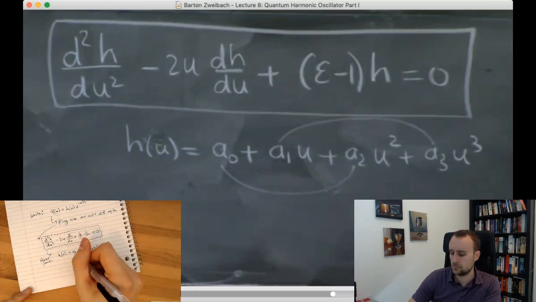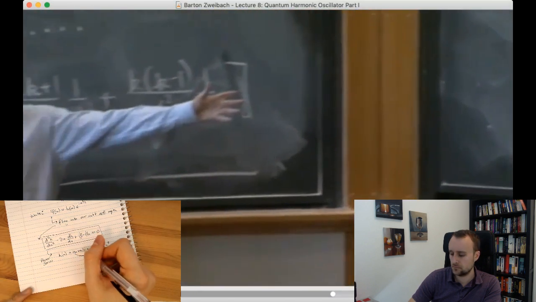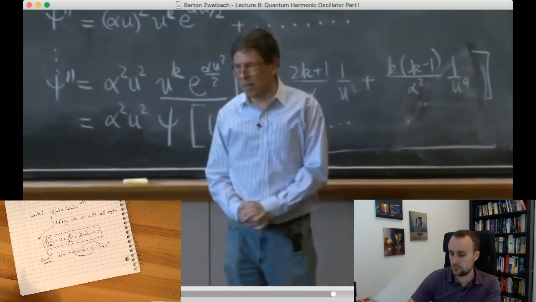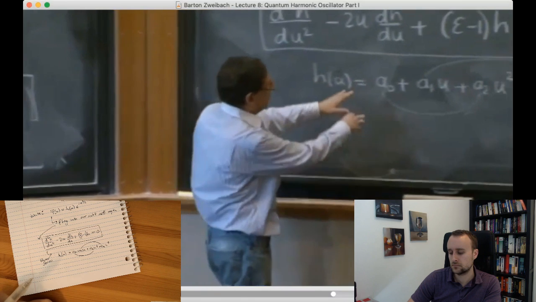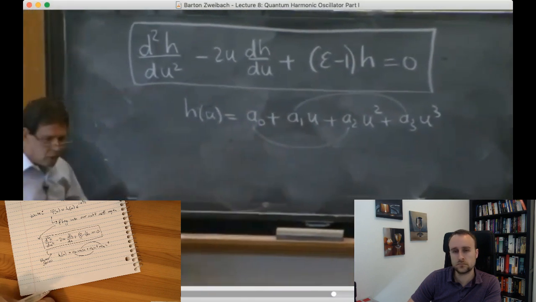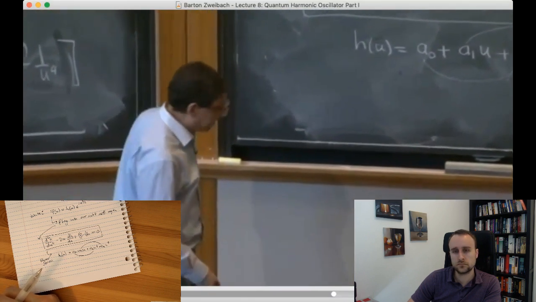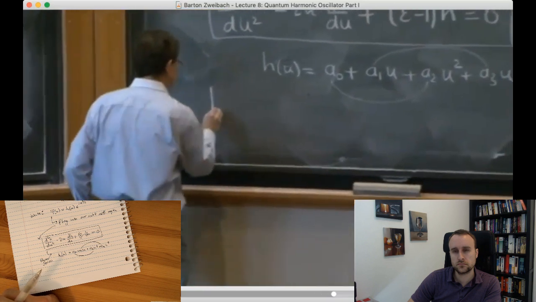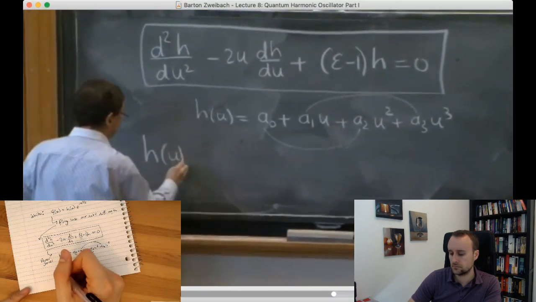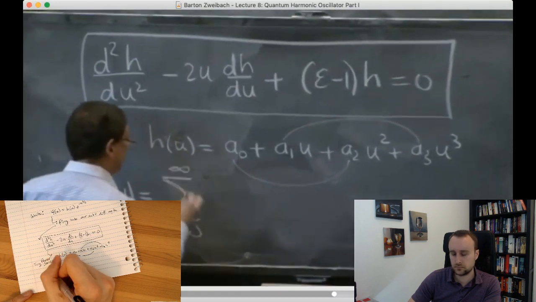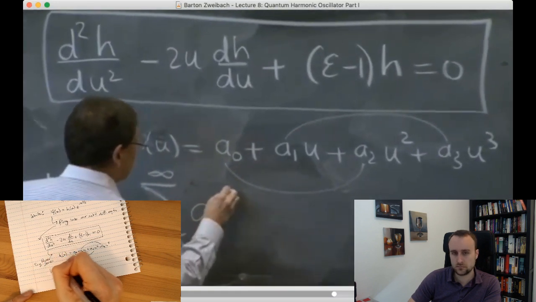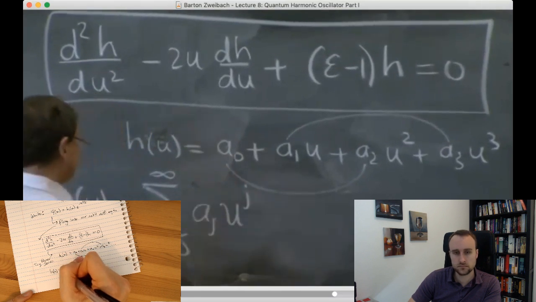So, when you face a problem like that, don't go to high powers to begin with. Just try a simple series and see what happens, and you see a little pattern, and then you can do a more sophisticated analysis. So what would be the more sophisticated analysis? To write h of u equal the sum from j equals 0 to infinity of aj u to the j.